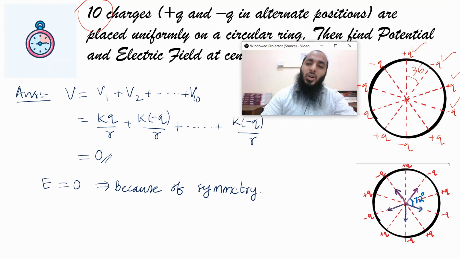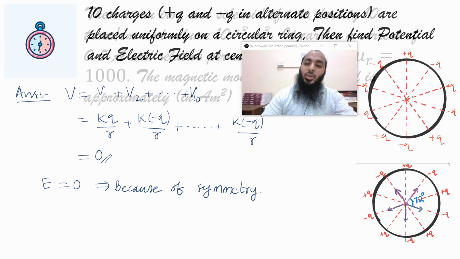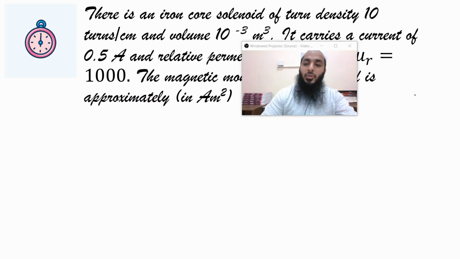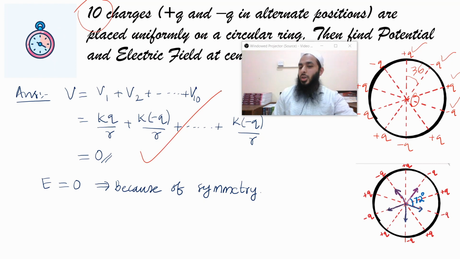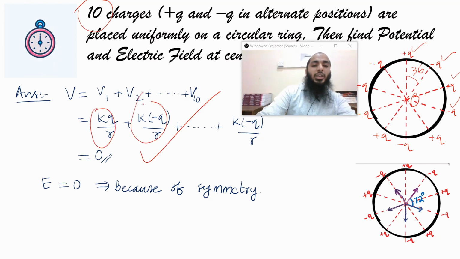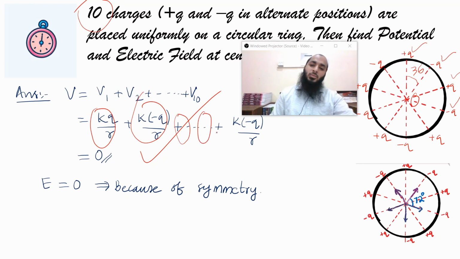So you see that it's all in pairs, plus q and minus q are in pairs, and it's at equidistance from the center. You have to find the potential at the center. So clearly it will be 0. There is no doubt in that. You can just check it, because this one will cancel the next one, and the next one will cancel the next one, and so on. It will be in pairs, so it will be 0.